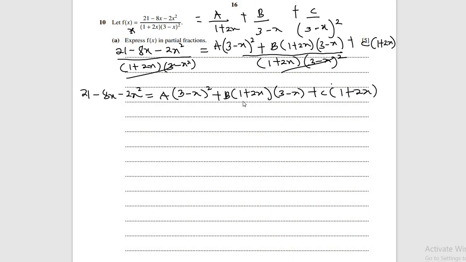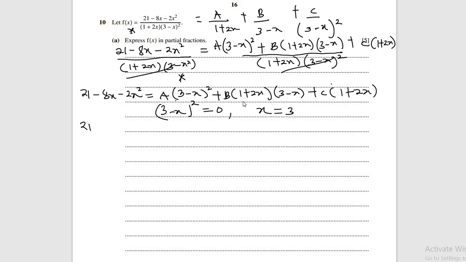Now let's find the values of A, B, and C. To find B or C, you must eliminate A, and if you want to find C, you must eliminate A and B. To find B, A and C must be eliminated. How do you eliminate all these variables? Look at the first one here, 3 minus x squared. Equate to 0, at the end of the day x equals 3. Substitute x equal to 3 inside this function.